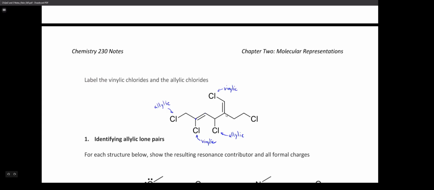Doubly so because if we look here, these are vinyl carbons. Anything bonded to a vinyl carbon is allylic. This is an allyl carbon. Anything bonded to an allyl carbon is itself considered allylic. And so this chlorine here would be considered neither. Okay.